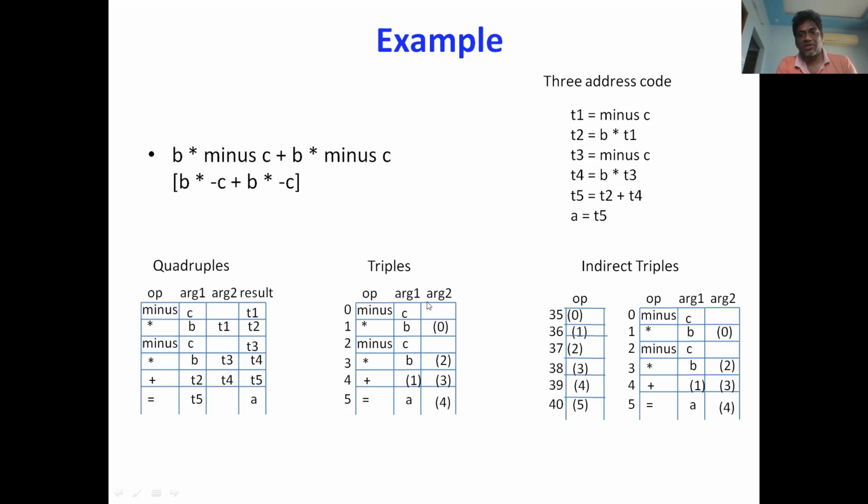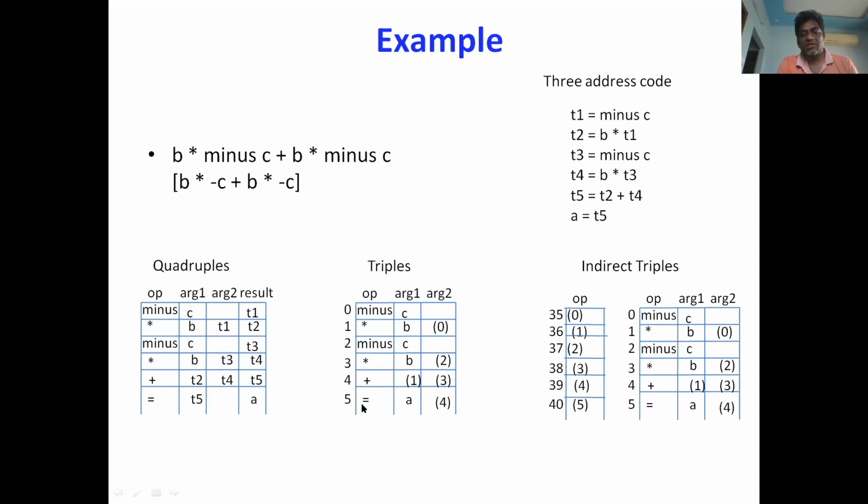So where this t2 is available, it is available at position 1, and t4 is available at position 3. Therefore the operation is plus. The first result is available at 1, second result is available at 3. So we mention both the indexes over here. And finally a is equal to t5.